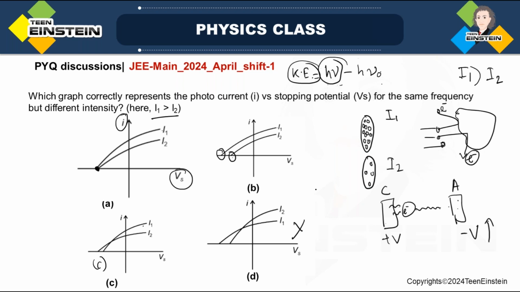So stopping potential depends on the incident frequency, but not the intensity. So look at this, the first option, option A, will be the correct answer for this question.